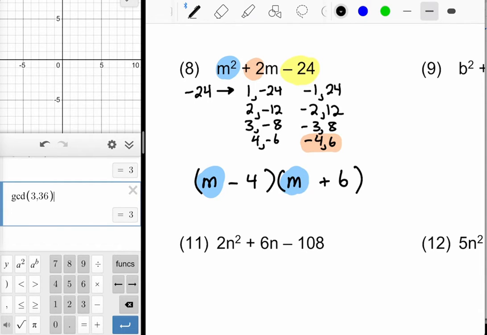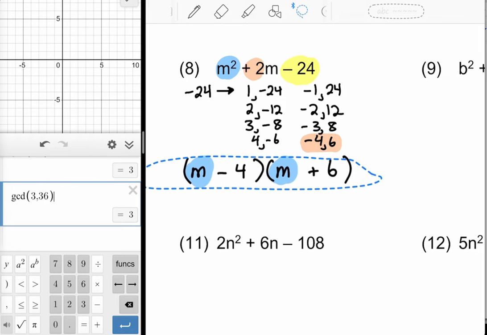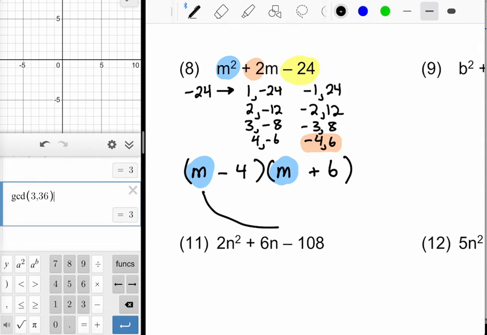That verification is using the arc method. I still don't have a good name for it, I know that's not a good name, but the one where we draw the arcs. So negative 4m and 6m.